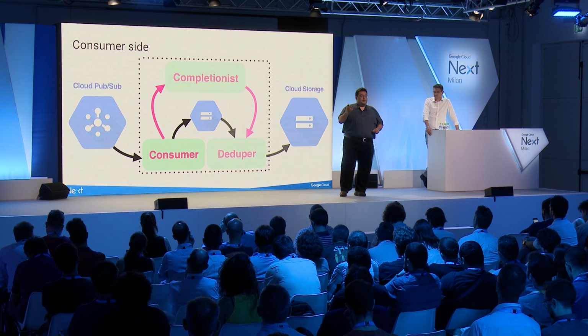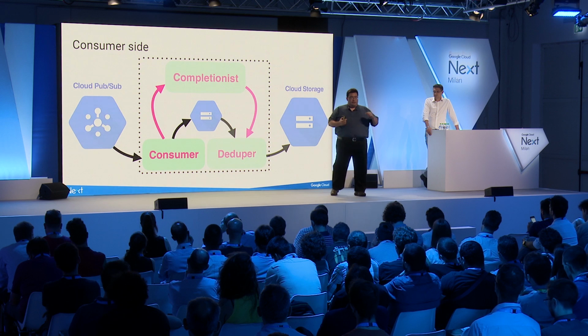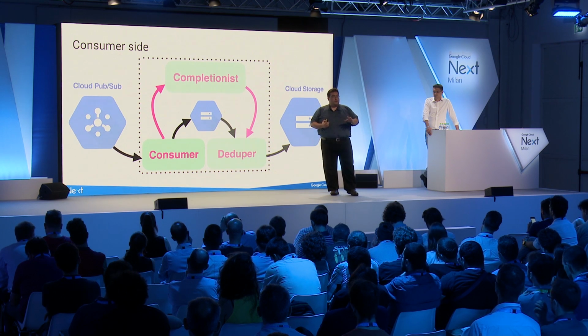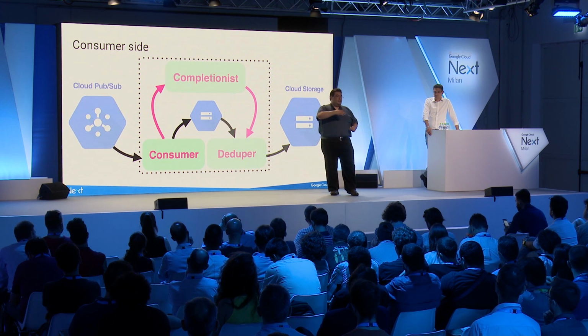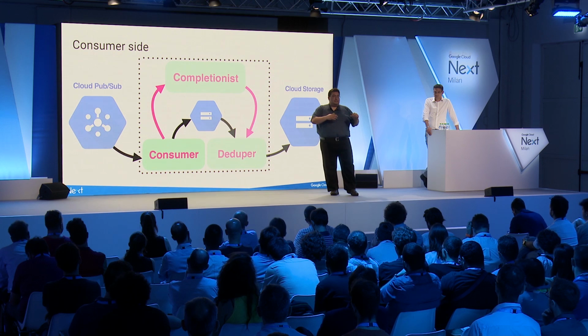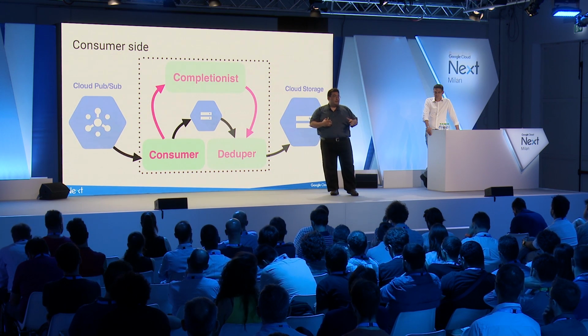And when the completionist says, yes, I have persisted your notification that you have a new file with data, that's when the consumer acknowledges. This means, yes, I have consumed this batch of events successfully.